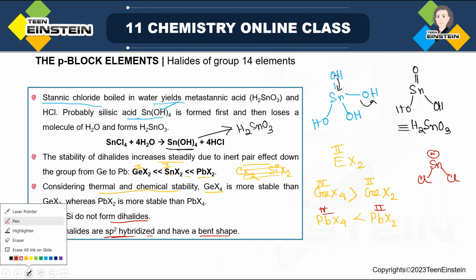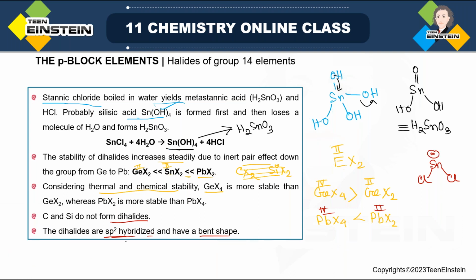Now how do I explain this? It is sp2 hybridized. So for tin, if you consider ns2, 2 electrons are there, and np2, right? Now after sp2 hybridization, there will be a total of 3 sp2 orbitals. Out of these 3 sp2, in one sp2 there will be the lone pair, and the total electron count is obviously 4.